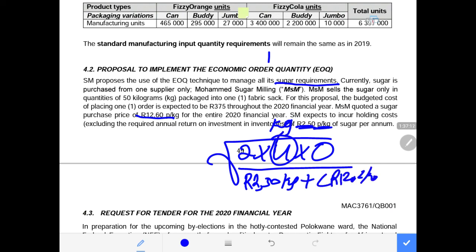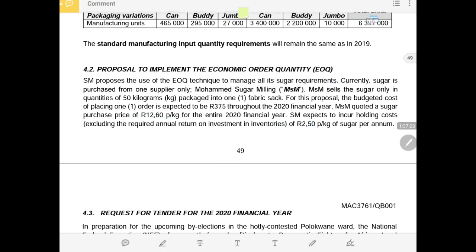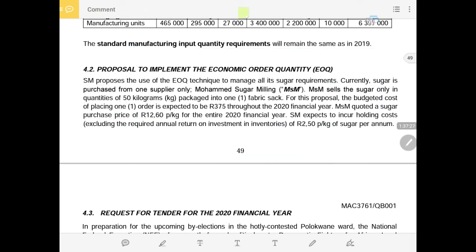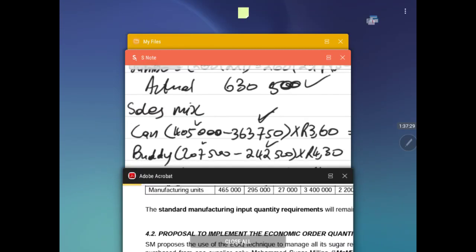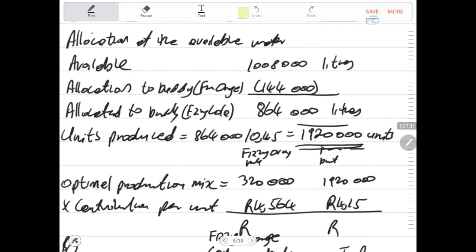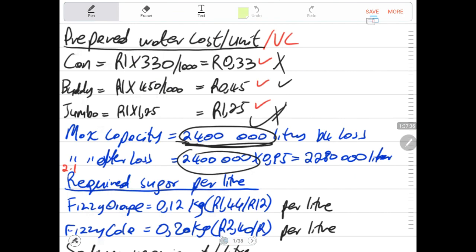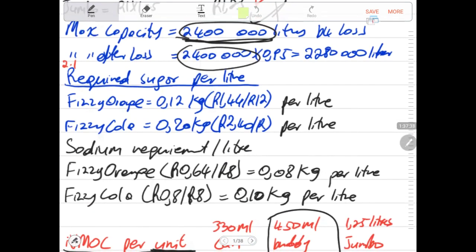So now the annual demand must be per kg of sugar. That means we need to convert our liters into equivalent kg, or we need to calculate how many required kgs of sugar per liter of a drink. Now, with that being said, there was some analysis at the beginning. In the beginning, I told you how many kgs of sugar are required to complete 1 unit, 1 liter in fact. That was the required sugar per liter.